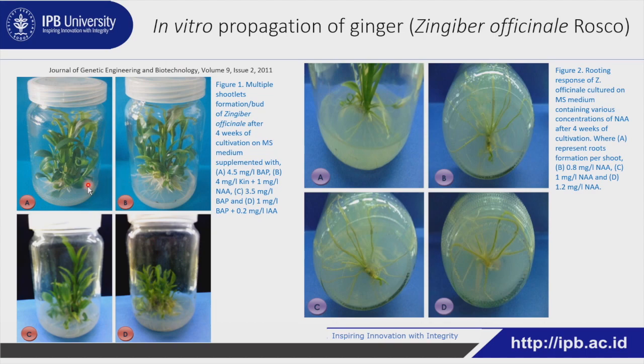This is using 4.5 milligram per liter of BAP, and this is using another type of auxin. You can see that they perform differently, and also with the rooting. So it depends on the availability of plantlets and also your program.